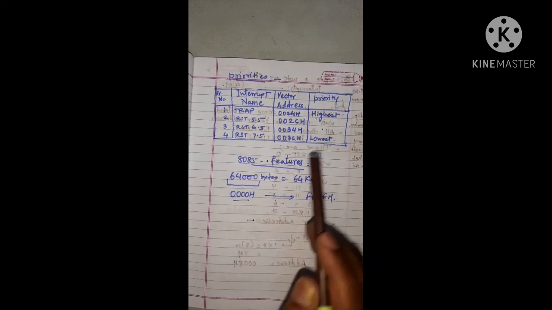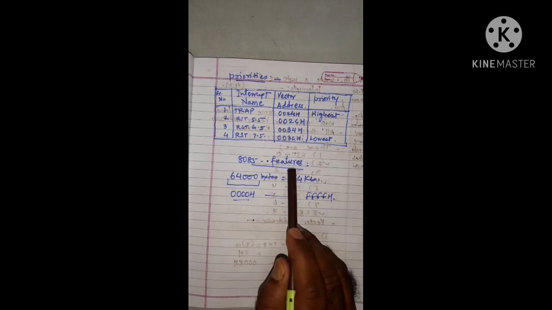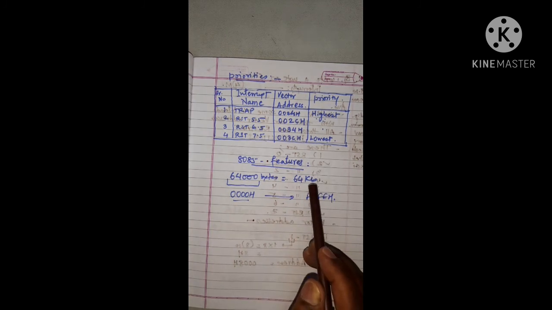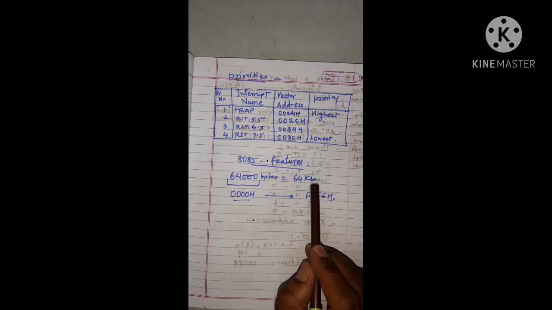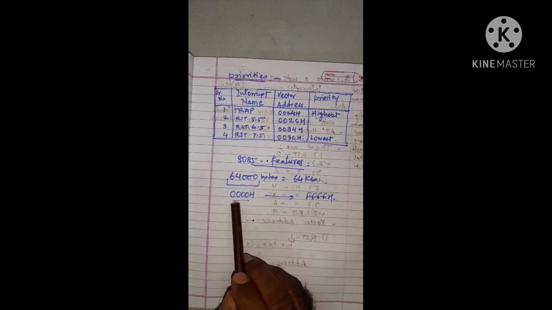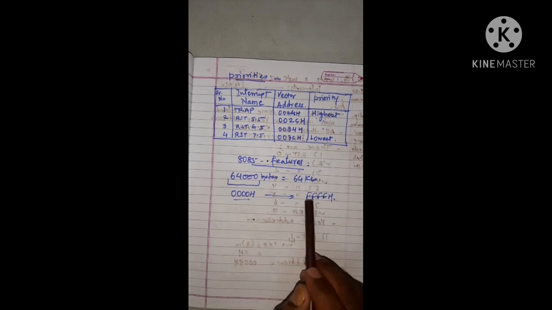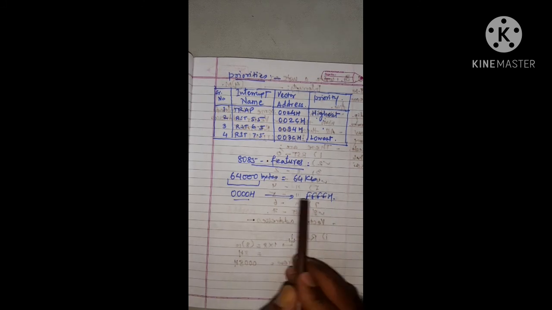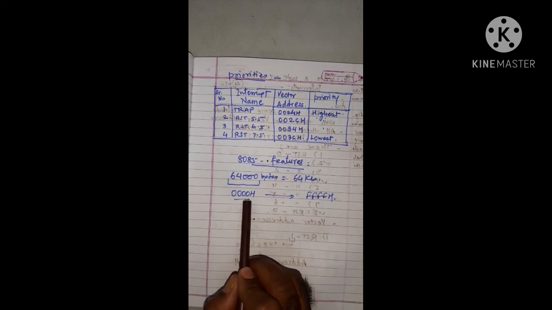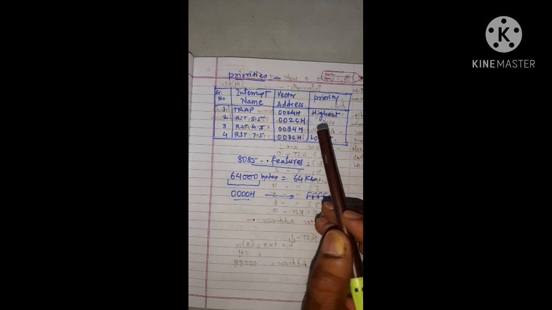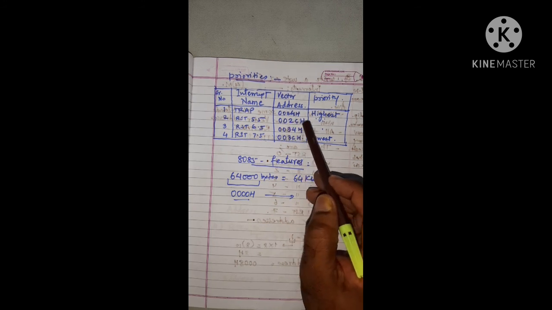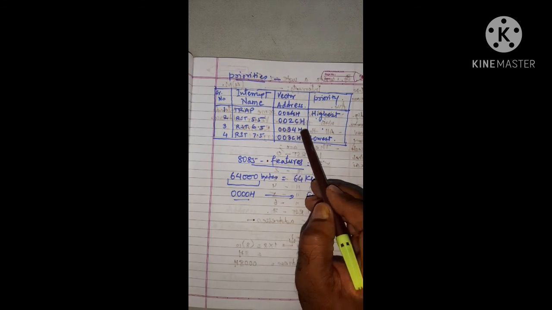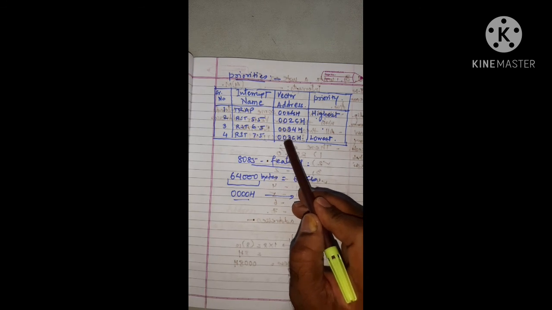See, among the 8085 features we studied, there is an address capacity of 64K, that is 64 kilobytes. These addresses in hexadecimal are written from 0000H to FFFFH. If we start from this address, first of all we reach 0024H, then 002CH, after that 0034H, and the last 003CH.